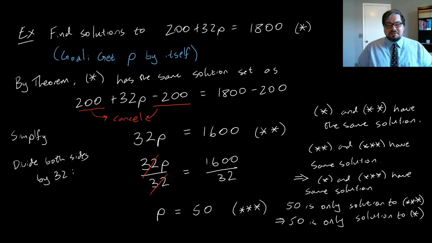So our answer to the original problem, find solutions to 200 plus 32p equals 1800, is that 50 is the only solution.